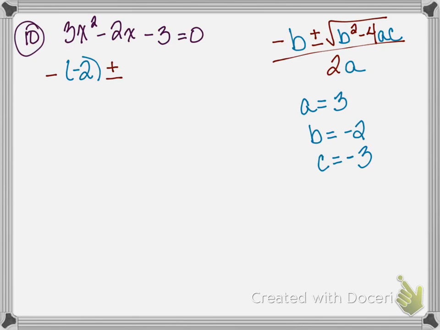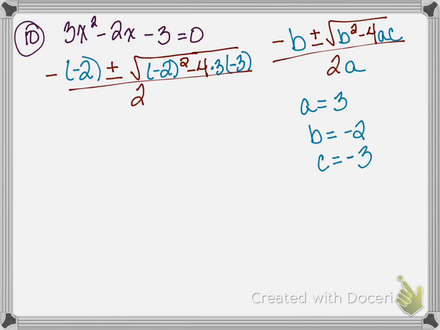Plus or minus the square root of b squared. So it would be 4. And then I have A is 3, C is negative 3. Positive 36, all over 2 times A.